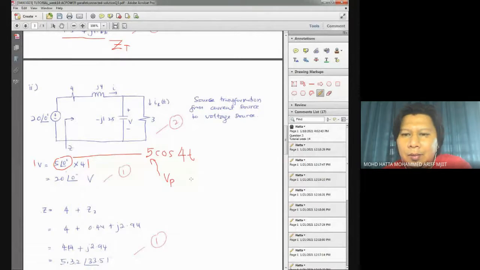So that's why I prefer the voltage and current in the circuit to be calculated in RMS value. But if you calculate in peak value, it's okay. You still get the correct value.